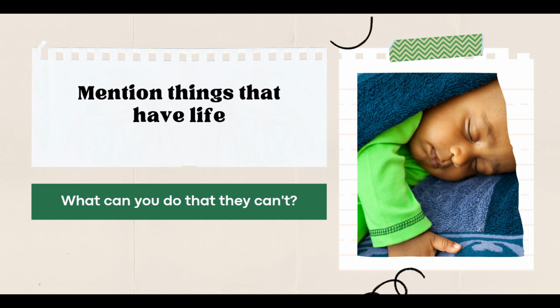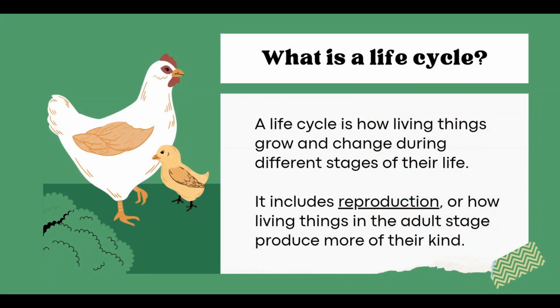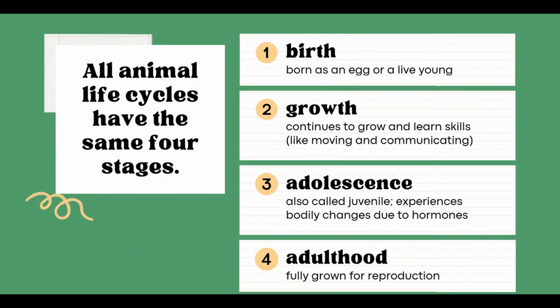Once they are done, go to the next slide by clicking the arrow button and introduce them to the topic. Today we will learn about life cycle and the rest. What is life cycle? You go into your lesson, you give them the stages, and then if that is the end of your class, you say thank you.